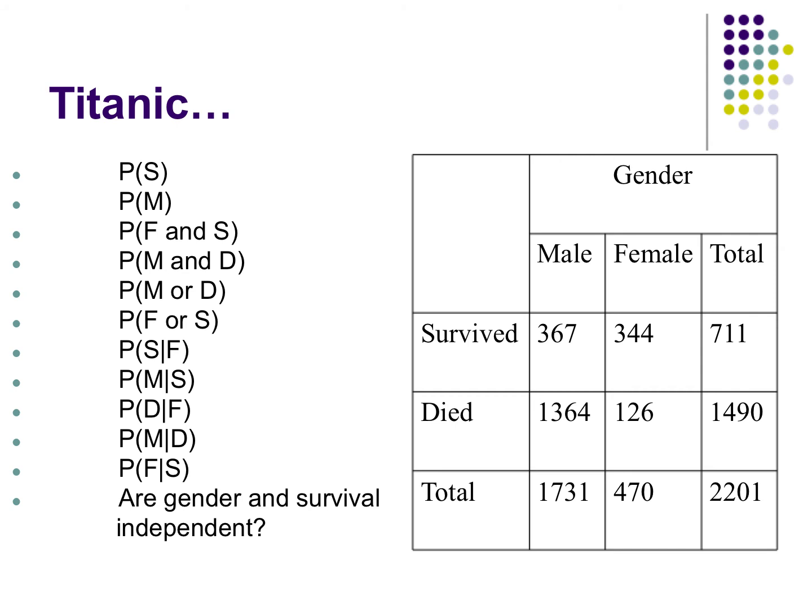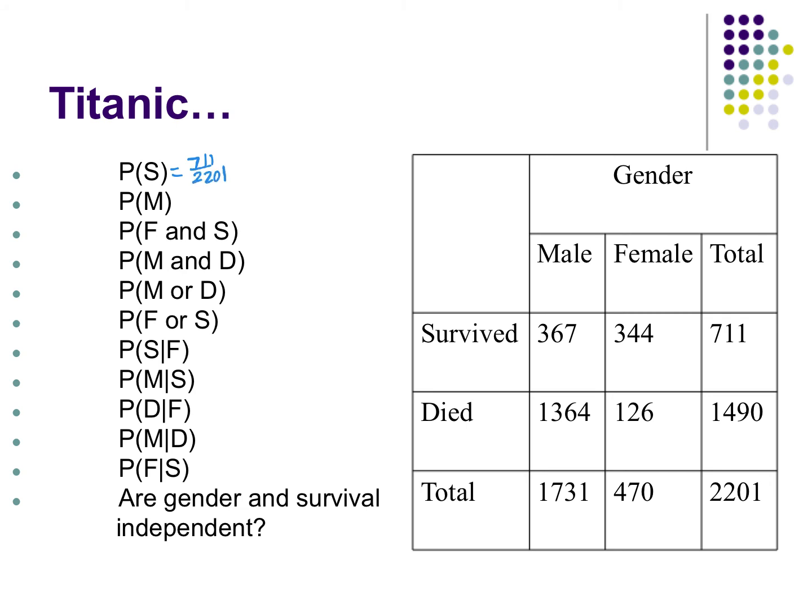Remember, if we look at the ship's manifest, a list of everybody that was on the Titanic, and we randomly chose a name, what was the probability they survived? What's the probability that a randomly chosen passenger survived? 711 over 2201. Right.